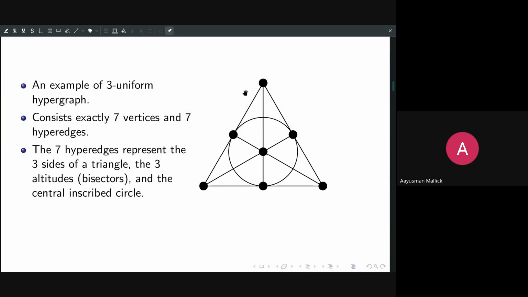from this diagram of the Fano plane, we can consider an independent set of the hypergraph to be this point, one of the vertices of the triangle, and the center, and suppose another of the vertices of the triangle.